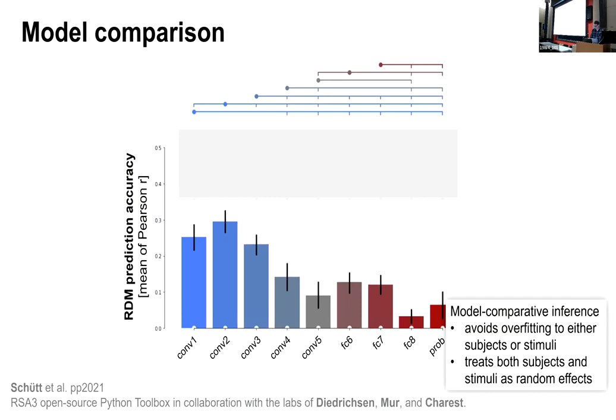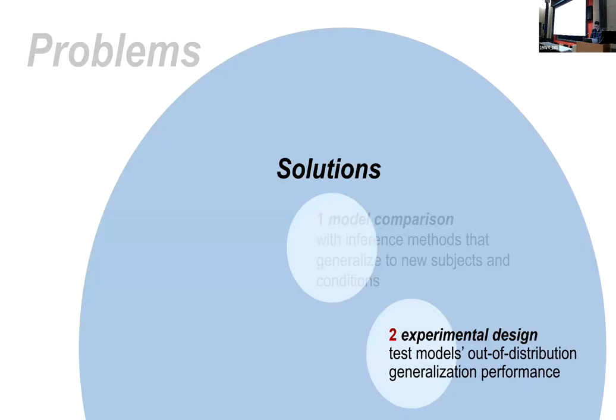And it must also treat both subjects and stimuli as random effects, because we would want the experiment to be replicated if we repeat the experiment in a different lab, maybe with different subjects and different stimuli. So there are some interesting statistical challenges that we're beginning to get some solutions for.